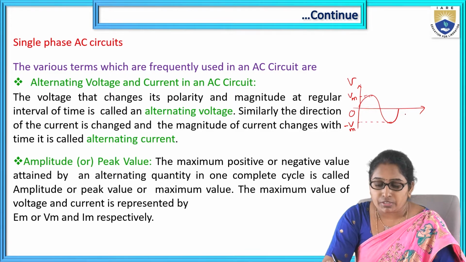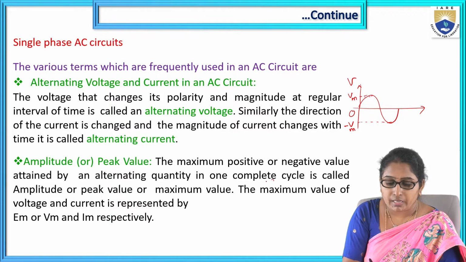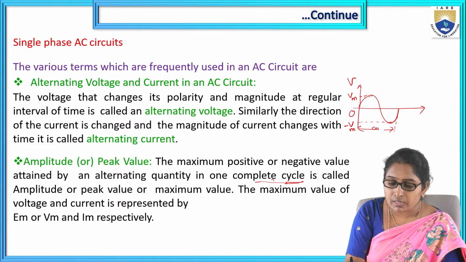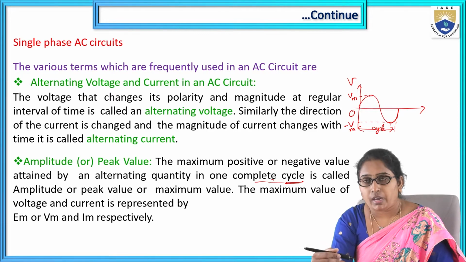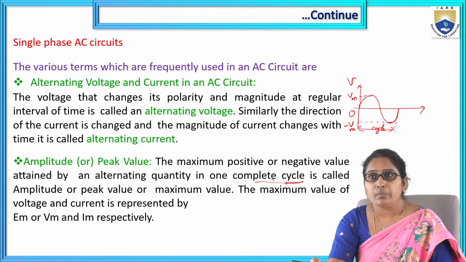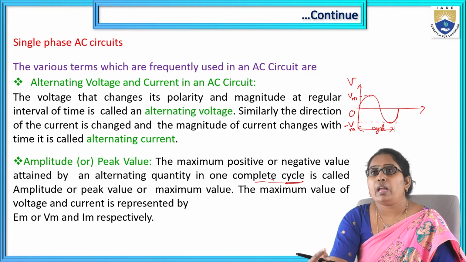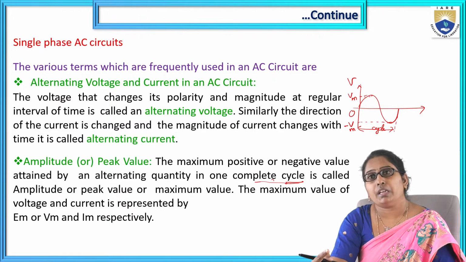Here, this is called a cycle. I will come to that later. A cycle means one set of positive and negative values attained by the signal.